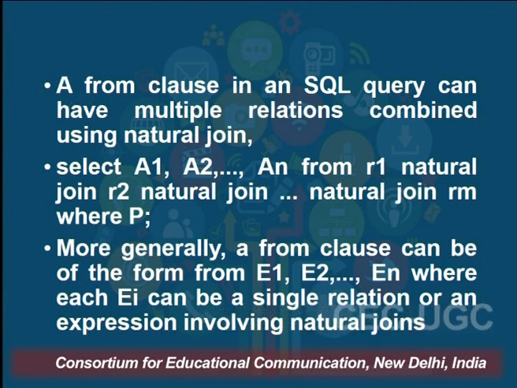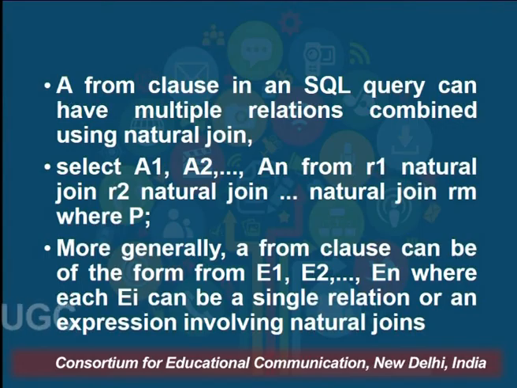So, we are going to write select the attribute names from R1 natural join R2 natural join R3 natural join till Rn, where the predicate, whichever predicate you want to include, that predicate can be included after the where clause.